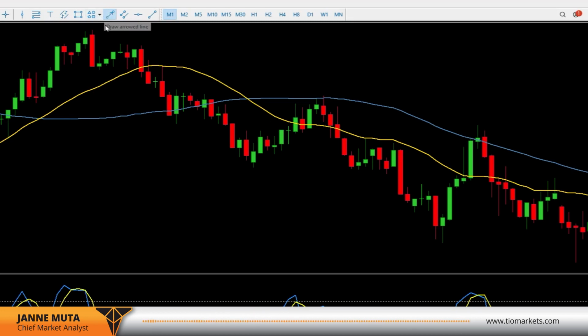And then you obviously have to answer the question, where do I place my stop? And that's something that I leave for you to figure out. But you also have to figure out where you place your targets. So for instance, because the market is trending lower, we might want to use the previous price action as a guide.